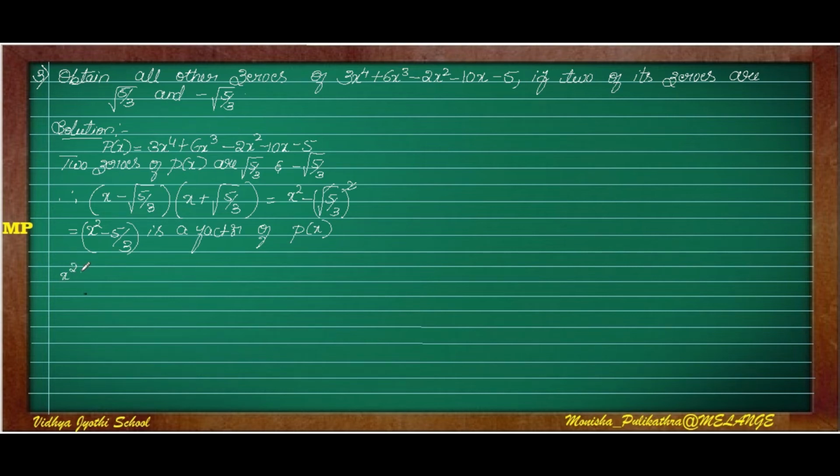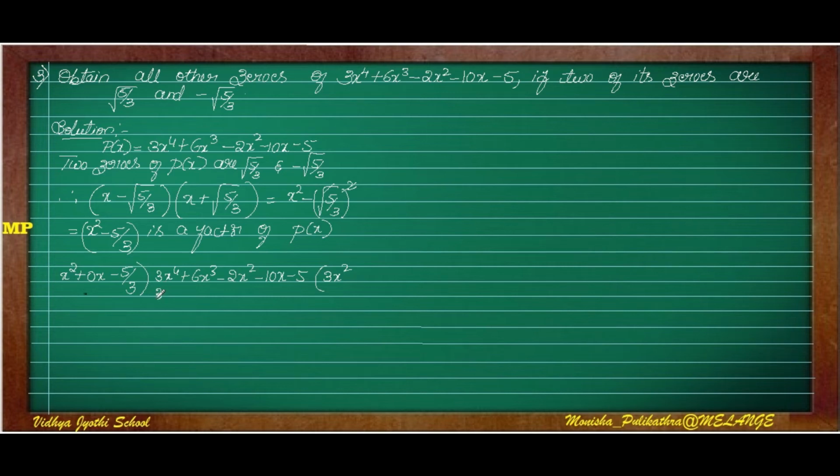So x square plus, since one more term is not there, I am using 0x minus 5 by 3, dividing 3x to the power of 4 plus 6x cube minus 2x square minus 10x minus 5. So for x square to become 3x to the power of 4, we have to multiply it by 3x square.